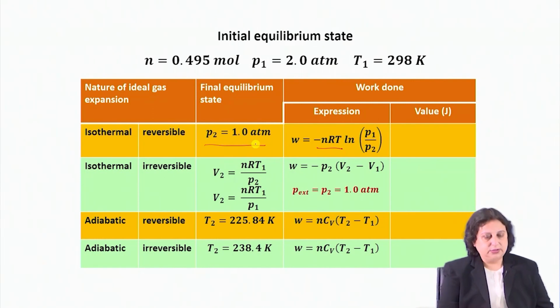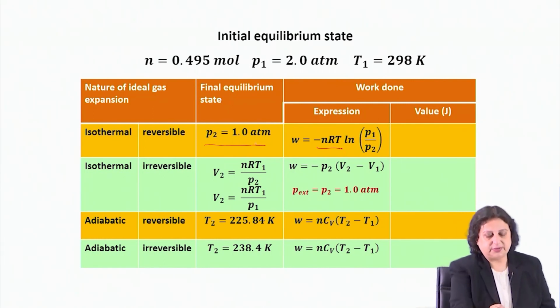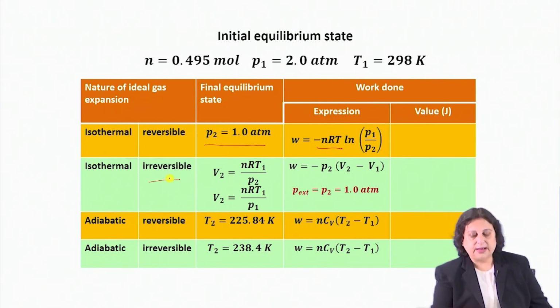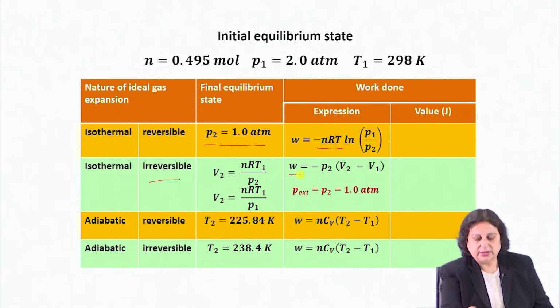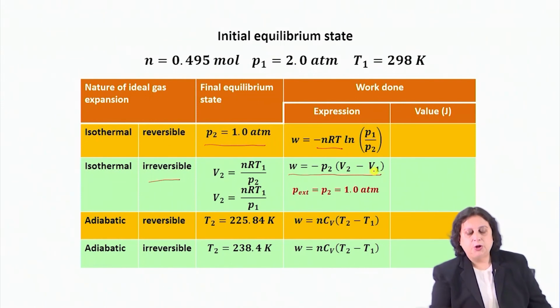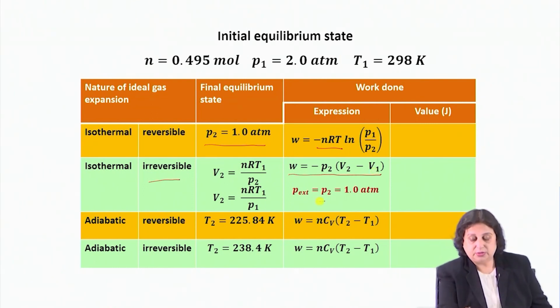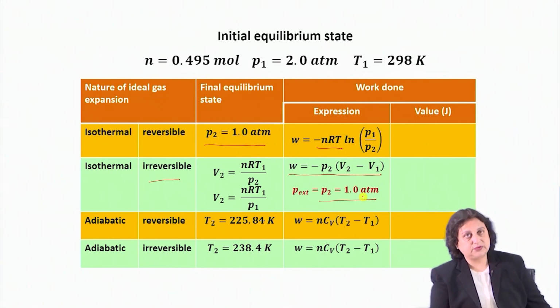If I carried out the same isothermal expansion under irreversible condition, in that case W is minus P2 into V2 minus V1. Now here P external is P2, that is equal to 1 atmosphere.